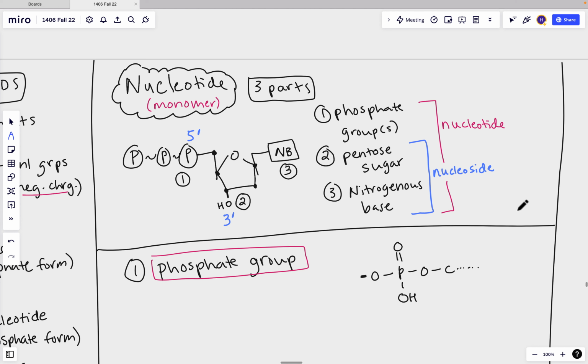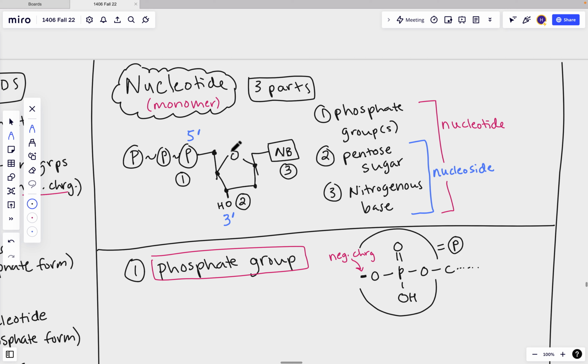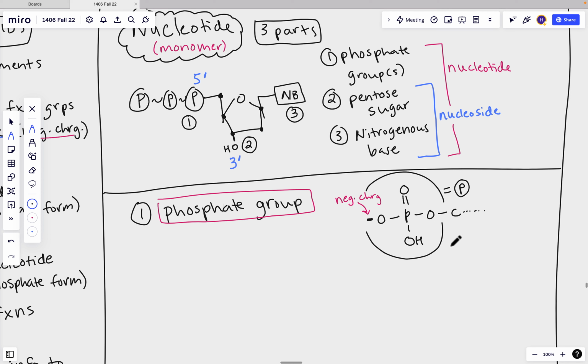Okay, so important thing here is that this is a negative charge. We draw this group in a circle a lot of times. You see we draw the P in a circle. So we can kind of do that here. The carbon is the 5' carbon on the corner, and then the rest of the molecule. But that's not part of the phosphate group. That's just where it's attached. So this means DNA and RNA are both negatively charged.